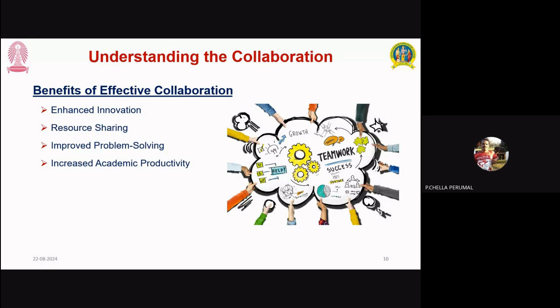For improved problem solving, by working together, collaborators can approach problems from multiple angles, leading to more comprehensive and effective solutions. For increased academic productivity, studies have shown that collaborative research teams tend to produce more publications and secure more grants compared to individual researchers.